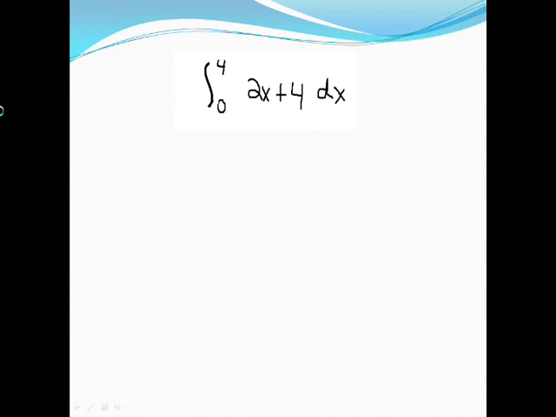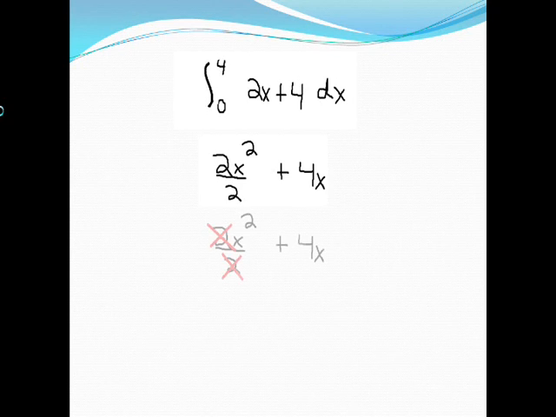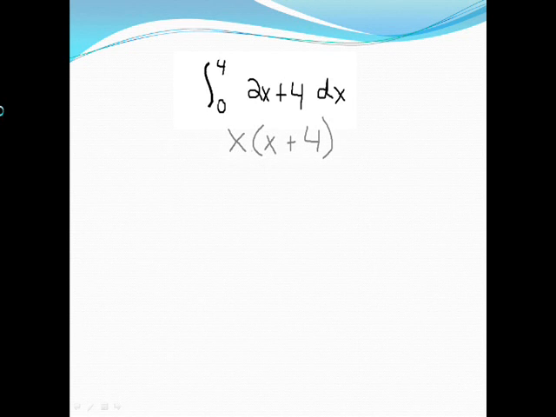So it should look like 2x squared over 2 plus 4x. Now since you have 2 divided by 2, you can cancel those out, and you end up with x squared plus 4x, and you can take an x out of both of those terms, so it's x times x plus 4.